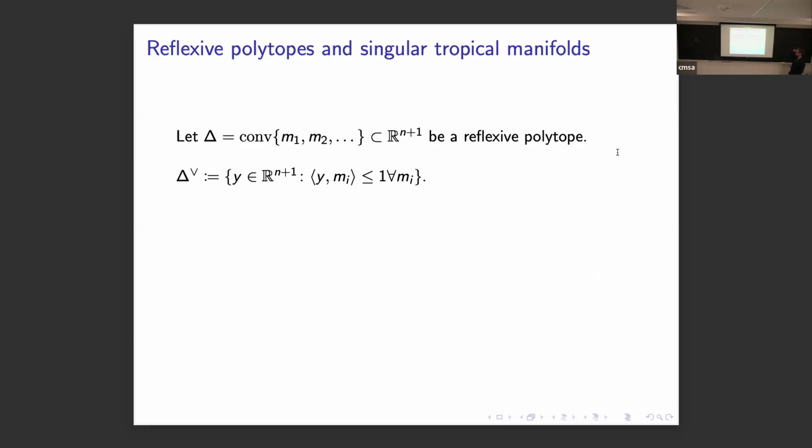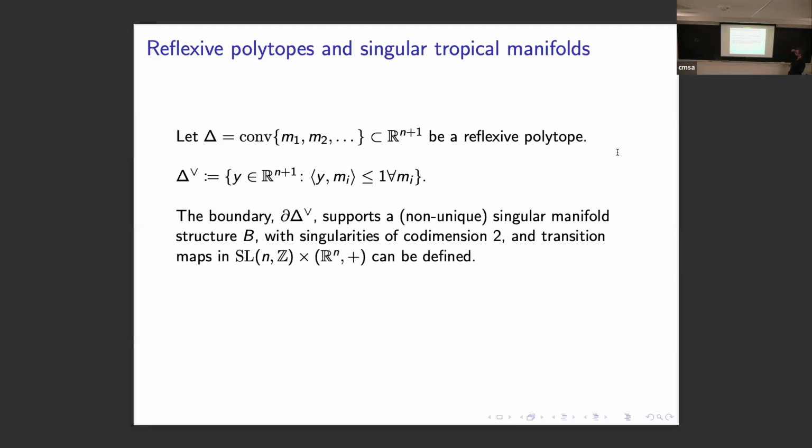And the reflexivity means also that if you consider the dual polytope, it is a new polytope where the vertices of the first one play the role of normals to the faces of the second one, and everything should be normalized so that you have one here. And the reflexivity condition means that this should also have lattice vertices.